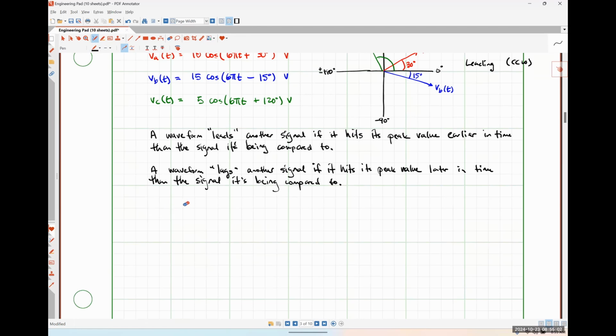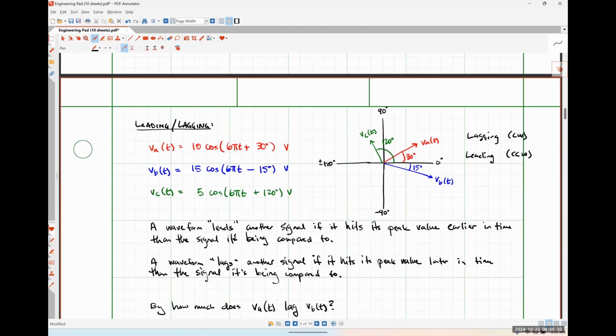By how much does A, B, or C, pick A, lead or lag? Somebody else pick. B or C? B. All right. So by how much does VA lag VB? VB is my reference.